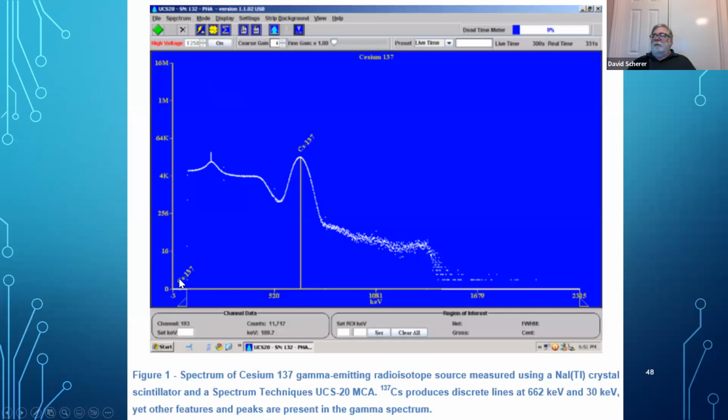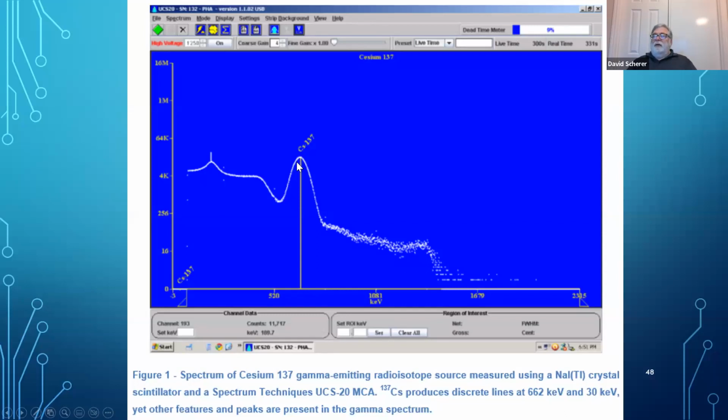Okay, so the output of a multi-channel analyzer hooked up to a sodium iodide crystal might look like this. The pulse height, or energy, is on the bottom scale, and the number of counts with that pulse height is on the vertical y-axis. And so we can calibrate. The amount of energy released from the crystal that ends up as a signal is proportional to the energy that was deposited.